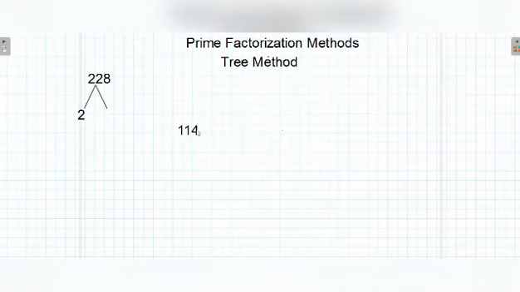So the two numbers which are factors of 228 are 2 and 114. 2 is a prime factor, but 114 is not a prime factor. We will factorize more.